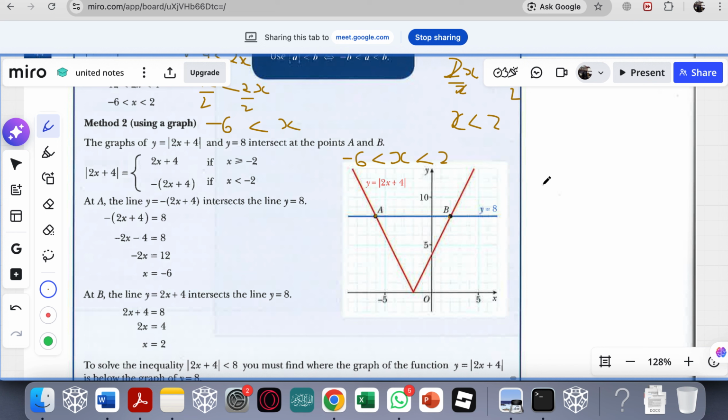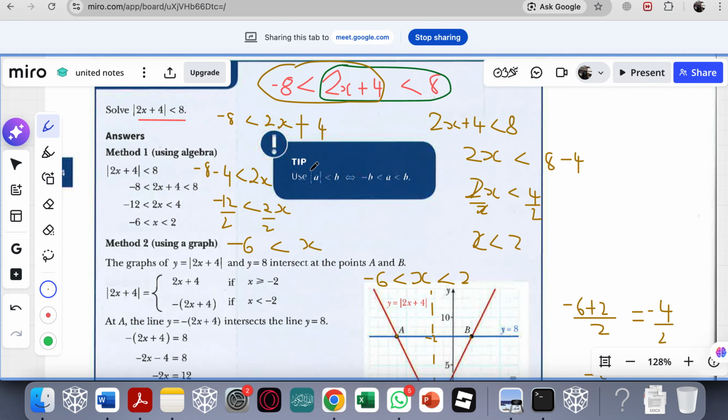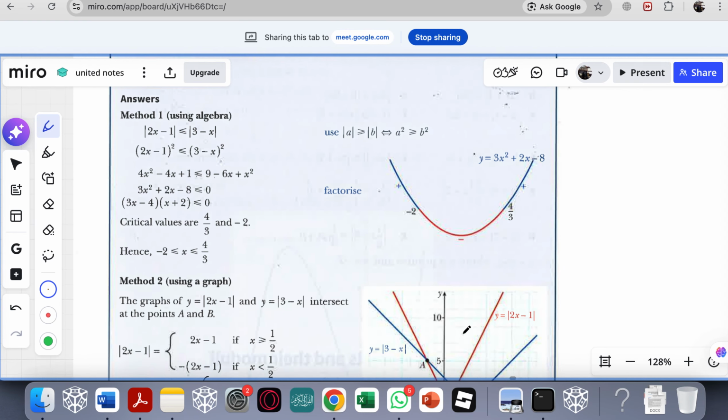So negative 6 plus 2, divided by 2, so that we find the middle of both numbers. You add, you get negative 2. That is the middle of both of them, and then you sketch them. Choose to put them at y equal to 8, because the whole equation is less than 8.